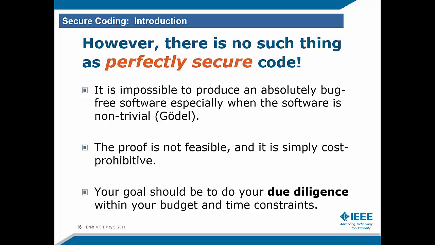Even if you try to prove that your software has no bug, it is simply too expensive, and it is also impossible in theory. Therefore, your goal should be to do your best, to do your due diligence within your budget and time constraints. And this course is designed to help you do that by providing some practical solutions and tools.